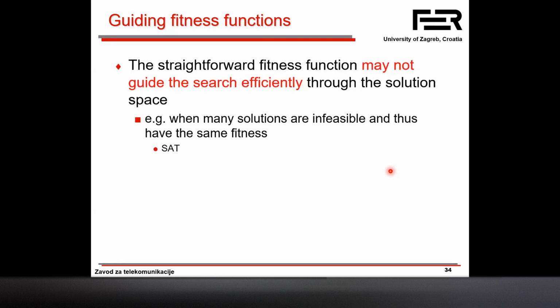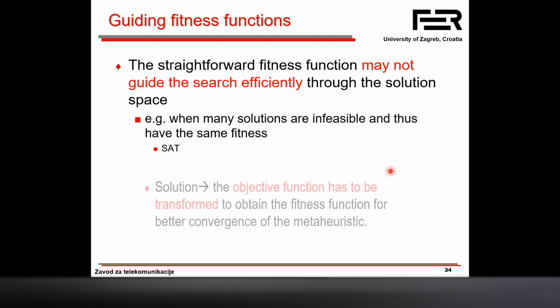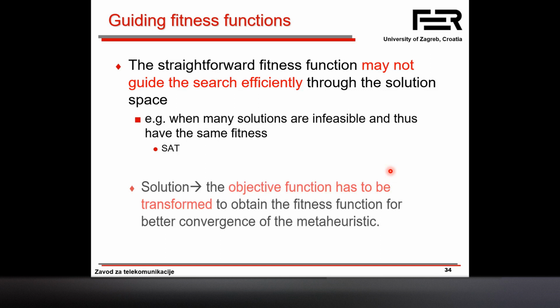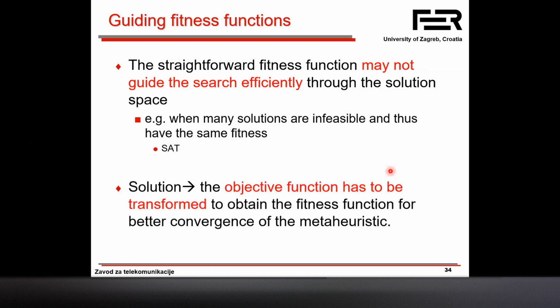So that's straightforward. Sometimes the straightforward fitness function may not actually guide the search efficiently. What I mean as an example is where we have many solutions which are infeasible and have the same fitness. For example, let's take the satisfiability problem. The objective function has to be somehow transformed.